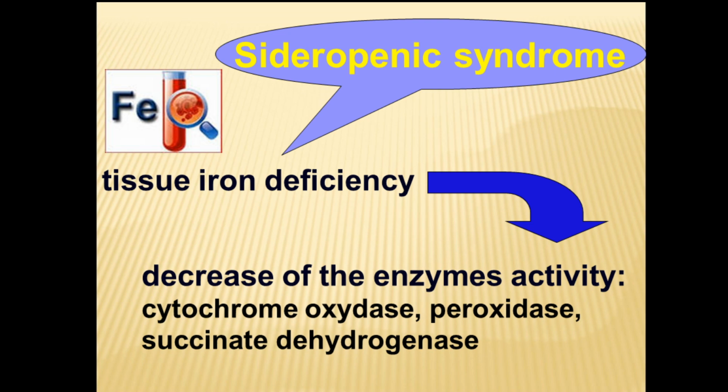Sideropenic syndrome appears due to tissue iron deficiency and decreased activity of some enzymes.